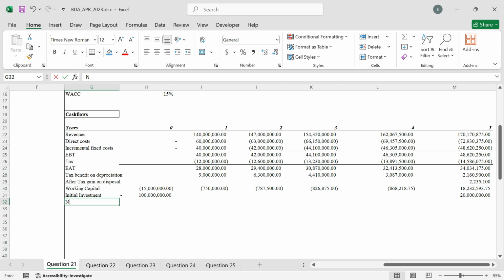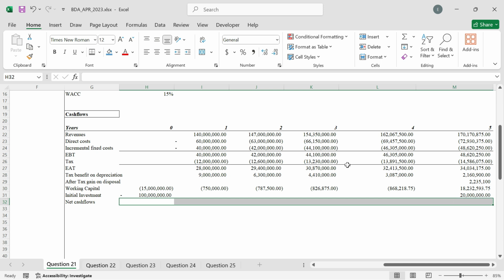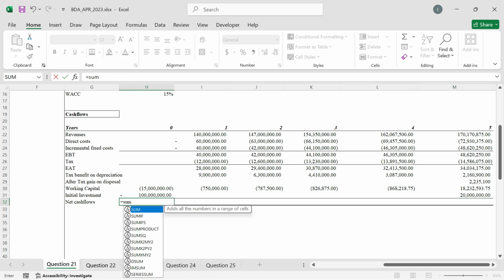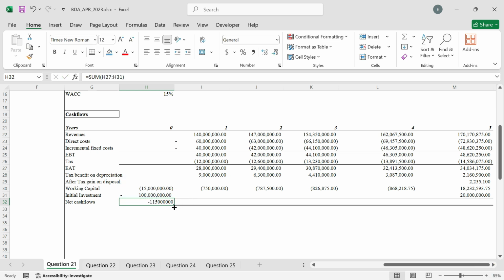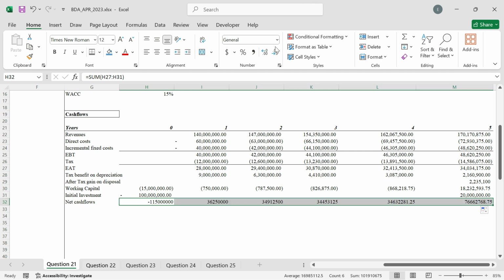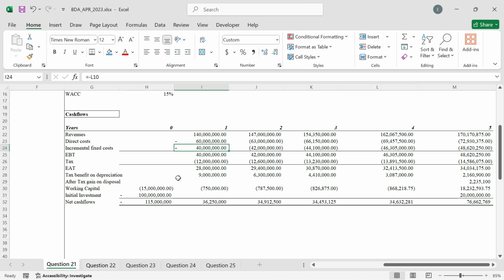Then we can have our net cash flows being the sum from the previous subtotal. Now with my net cash flows I can find my NPV and my IRR.